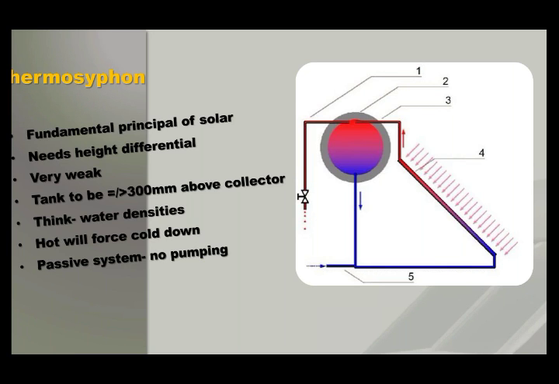For best results, we say that the bottom of the tank must be 300 mil higher than the top of the panel. Don't look at this picture, because that's not for best results. It's not going to happen so lekker. But it's a nice little simple illustration of thermosiphon. So the tank must be 300 mil above the top of the panel.